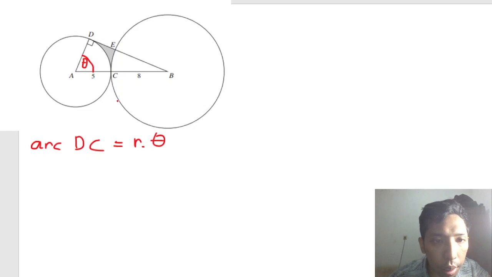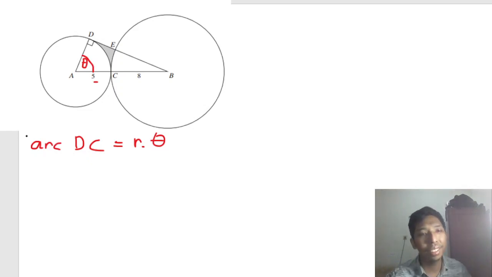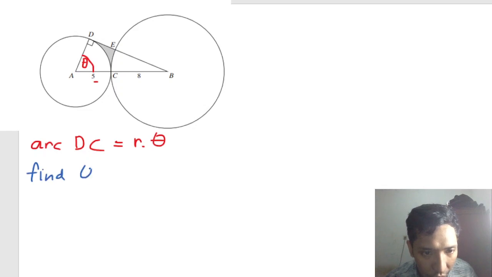The radius is already obvious, this one is 5. But what is theta? What is the angle over here? Any idea?